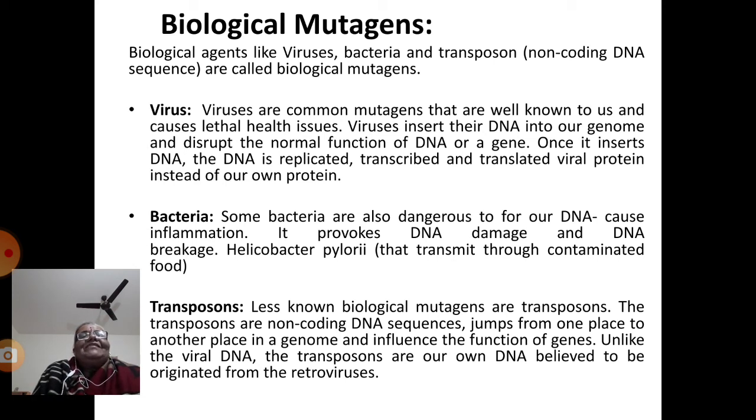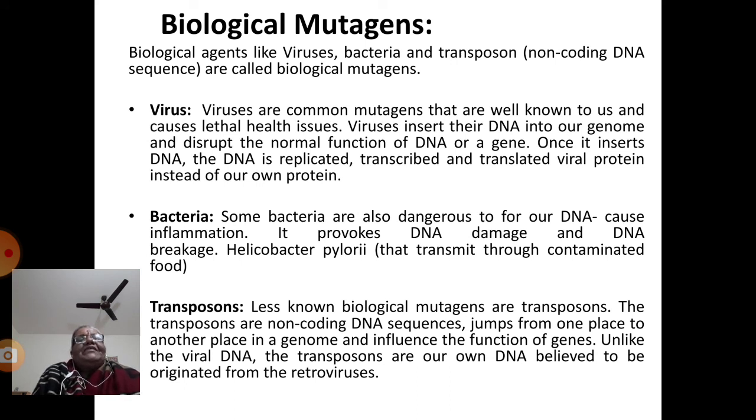Once it inserts the DNA, that DNA is replicated, transcribed and translated, and viral proteins are produced instead of our own proteins. This is how they bring about mutation. The best example is human papilloma virus, HPV, that causes cervical cancer.